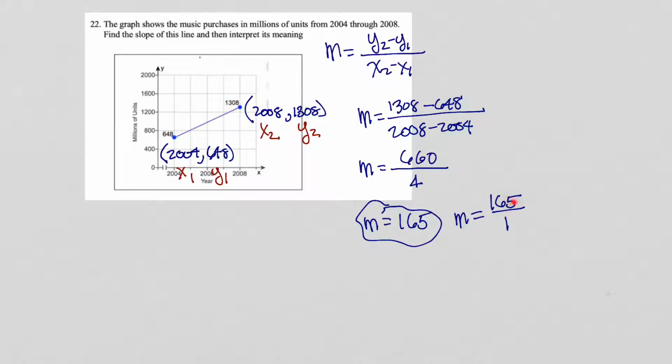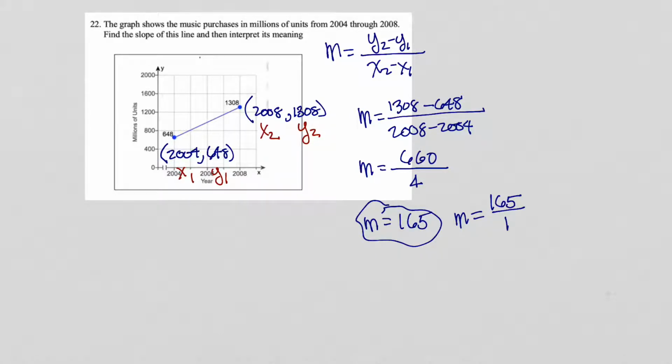The denominator, those are the x's, those are the years. The y's are millions of units of music sold, so that's on top, and the denominator, the x's, this is the year. So what we have is 165 million units per year.